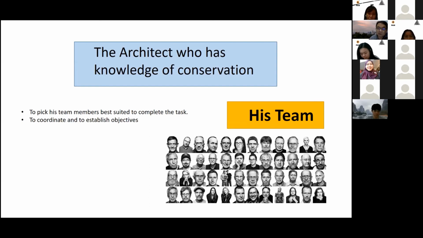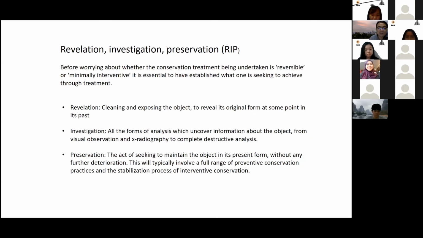There are protocols that you're not supposed to do this and that. And a lot of scientists you also want to get involved. So revelation, investigation, and preservation. It's a RIP methodology. You can Google this.